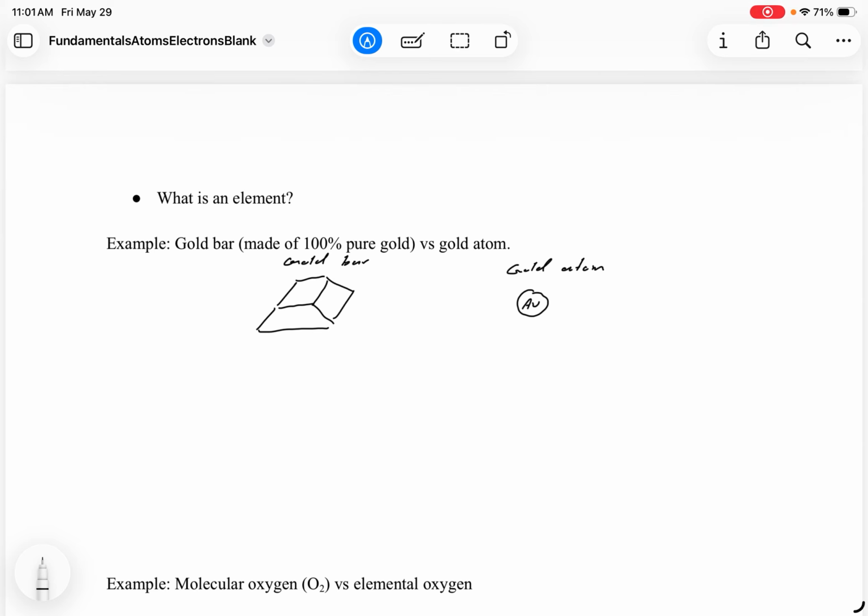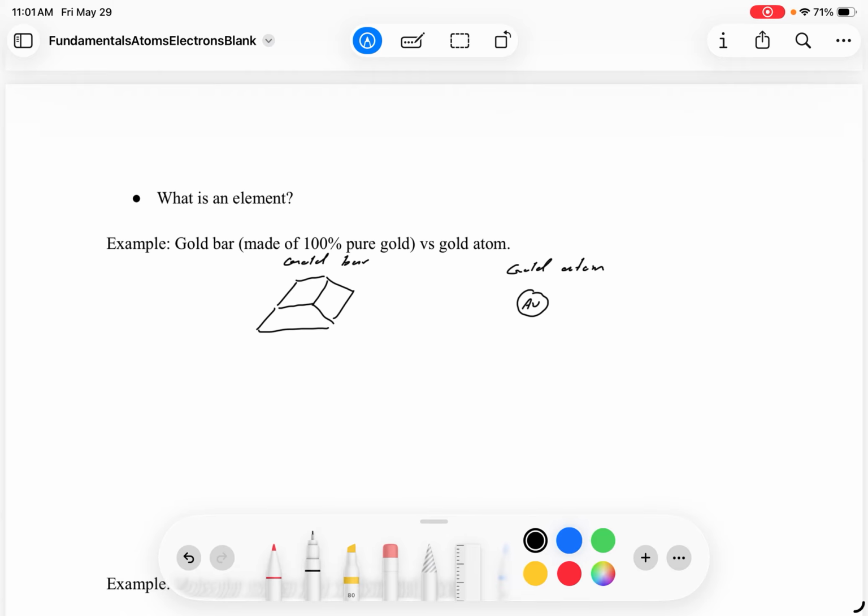This is your gold. Au is just the elemental symbol for gold. So these here are both elements. I'll draw it in red. So they're both elements.